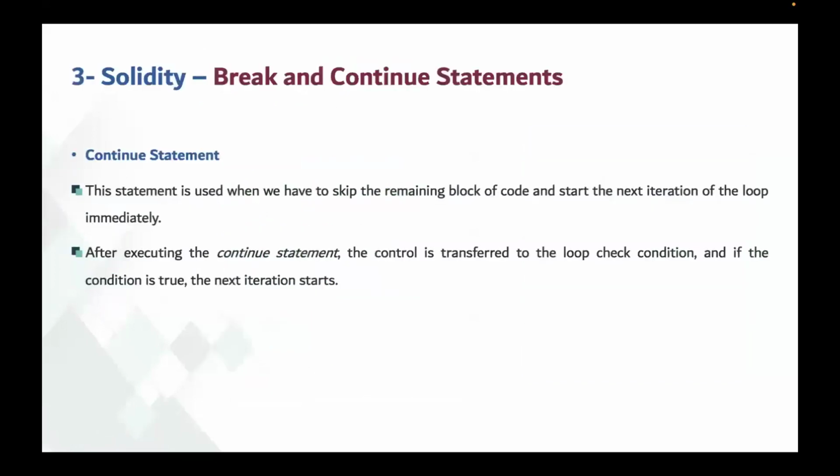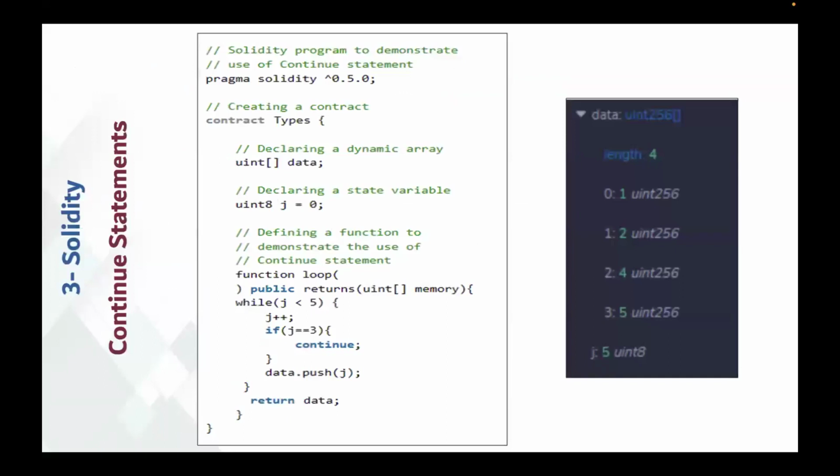What about the continue statement? The continue statement is used to skip the remaining code within the loop for the current iteration and move to the next iteration. We have this example, the same example. Here, the loop continues to the next iteration.